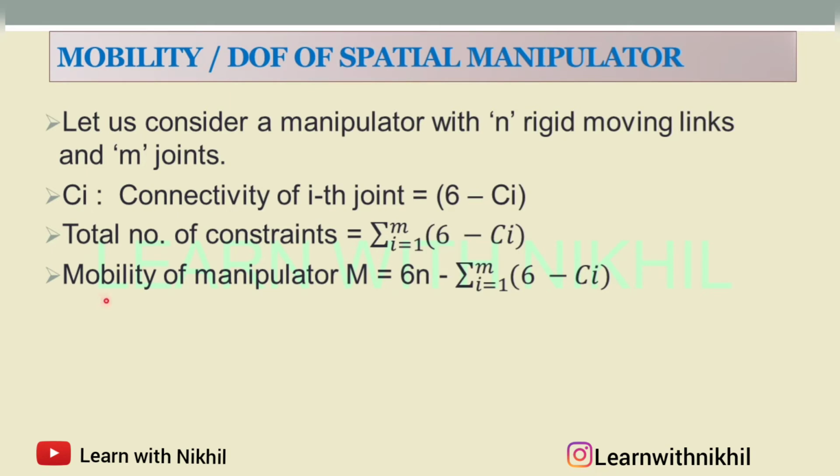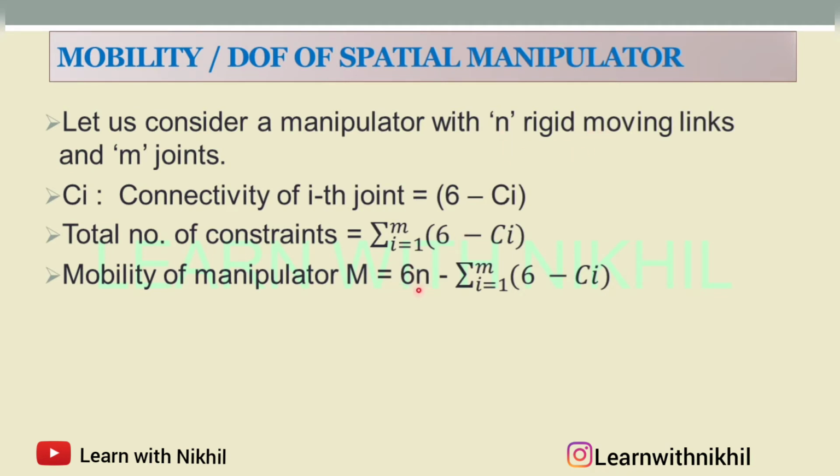Now the mobility or degree of freedom of the manipulator, the formula will be 6n, where n is the number of rigid moving links, and 6 is considered because it is a spatial manipulator. So if you have 2 links, it will be 6 multiplied by 2.